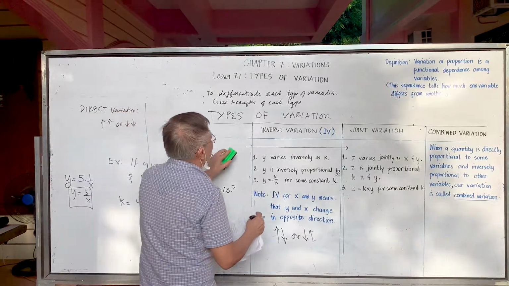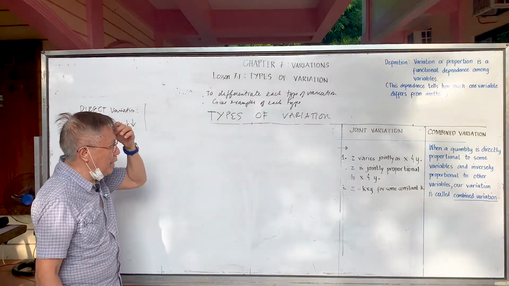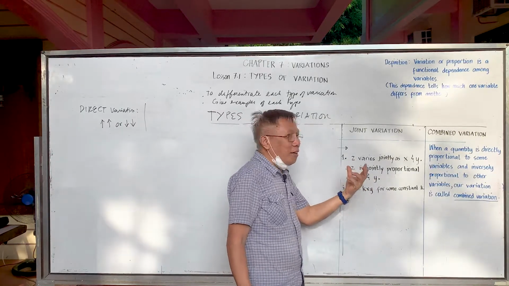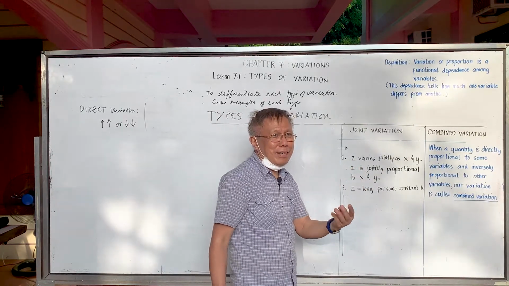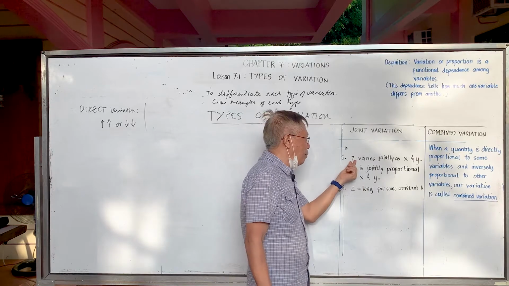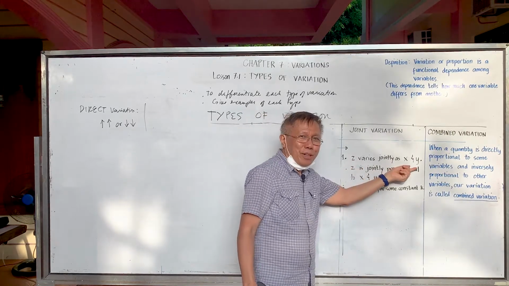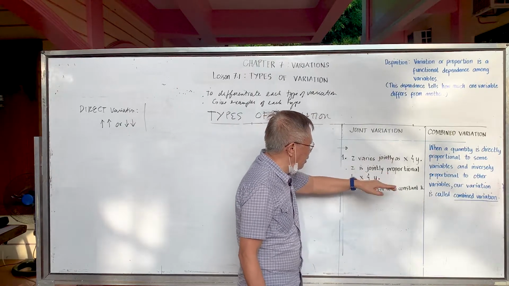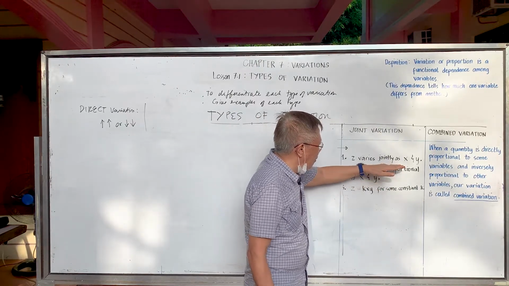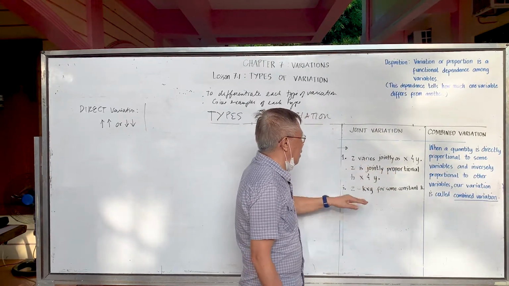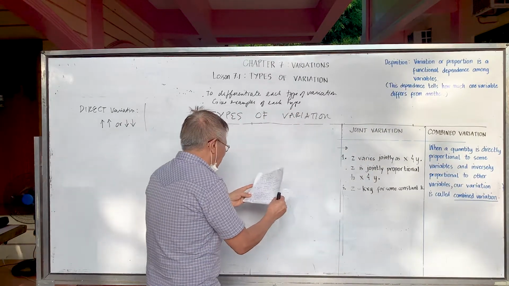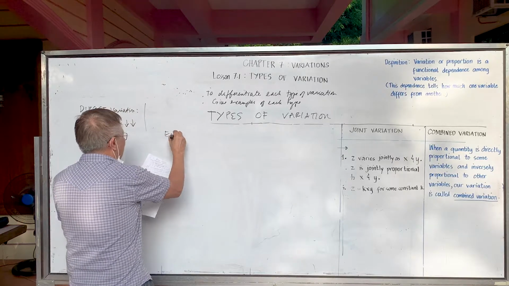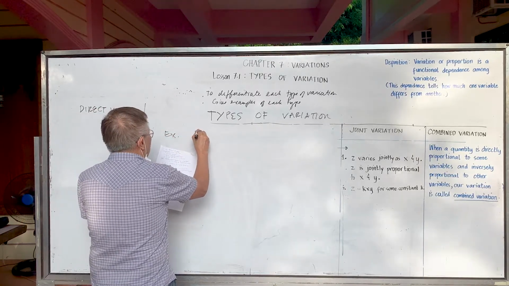Okay? The fourth type we will discuss is joint variation. When we have a joint variation, there will be three variables varying. Okay? One variable varying against two variables. Let's have an example of that. Example.